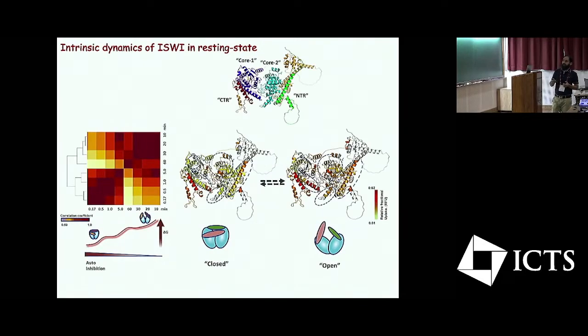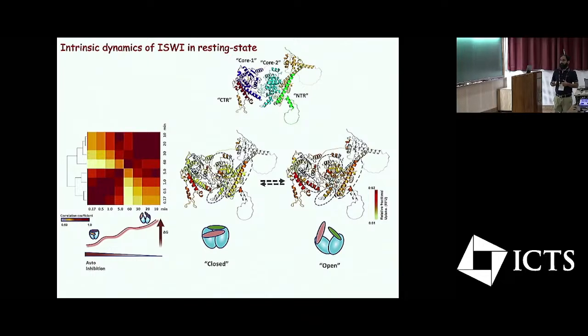If we cluster these conformations at different times, we see that they cluster into two major groups: one with less deuterium, another with more. Uptake of more deuterium means there is an intrinsic conformational fluctuation, which shows up at the N and C termini as well as at the interface of this protein.